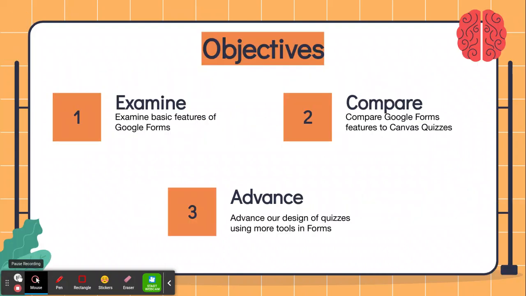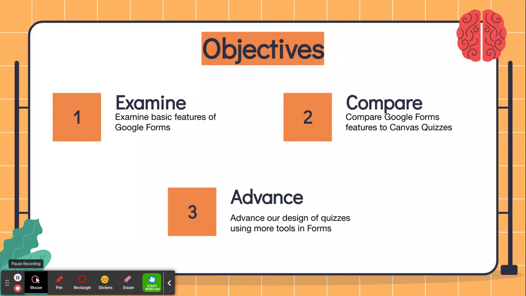The three objectives that we're looking at for today's topic are, first of all, we're going to examine the core features of Google Forms, and many of you are familiar with those already, but Google always updates and has different features, and we're going to look at those features that are available to us now.